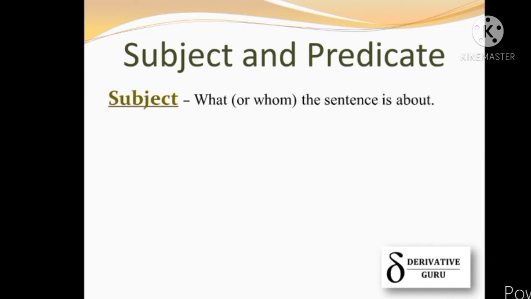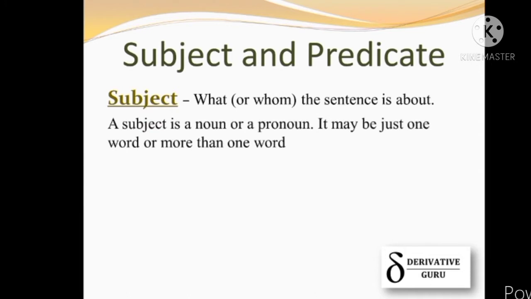Subject. Subject is what or whom the sentence is about. Especially it comprises a noun. About whom are we talking, or about what are we talking, is the subject in the sentence. A subject is a noun or a pronoun.